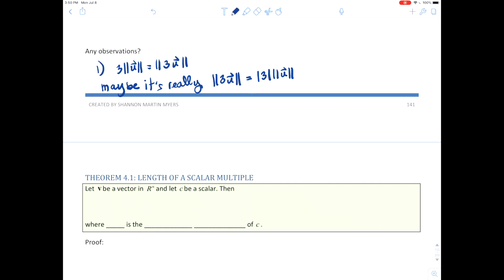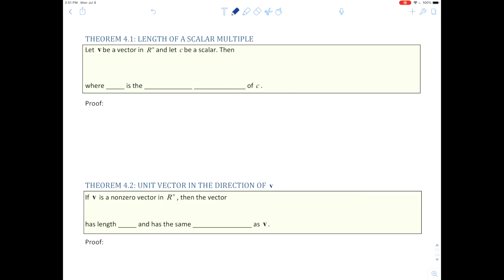That's one observation. We also noticed a big no-no. The magnitude of u plus v is not equal to the magnitude of u plus the magnitude of v. Okay? All right, so we come to theorem 4.1, length of a scalar multiple.